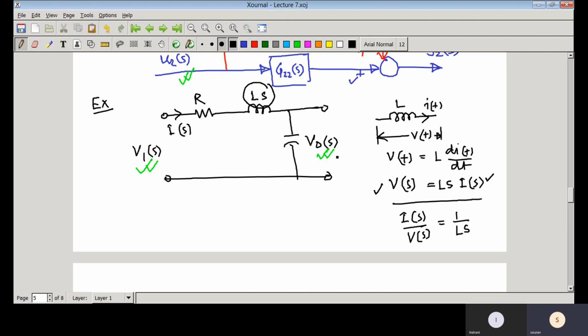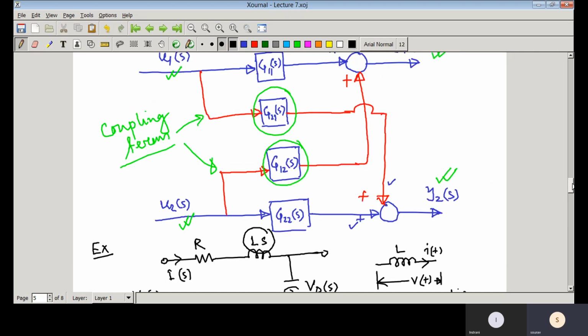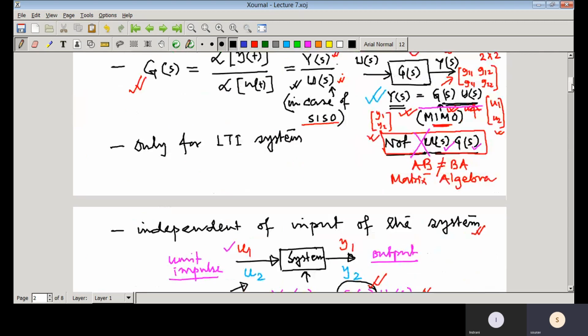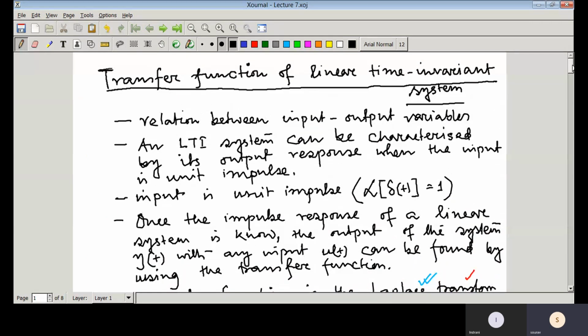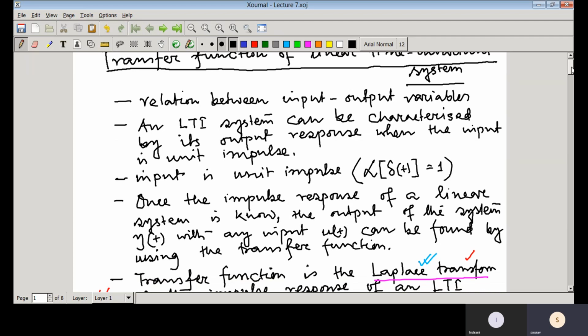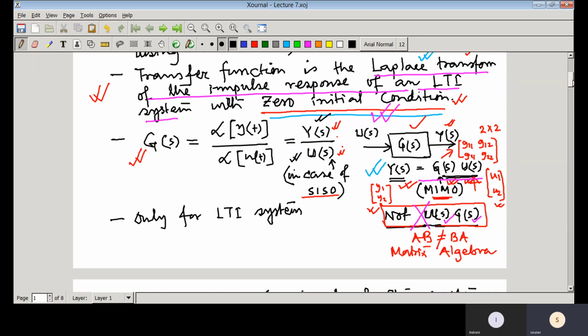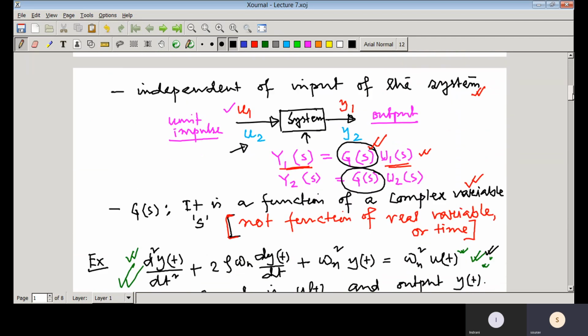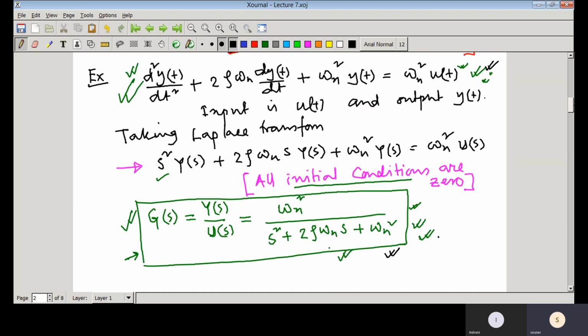This particular transfer function derivation we will be doing in the next class. So we can stop it here. Today we have discussed the definition of transfer function and the different aspects of transfer functions, and then we have seen a simple example of the transfer function.